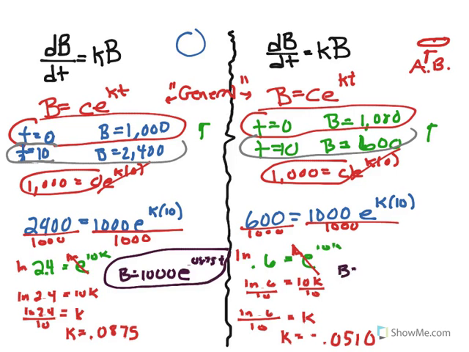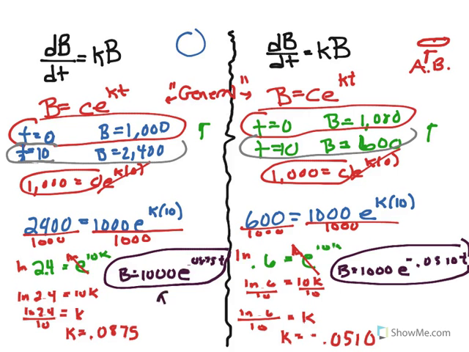For this one, it's B equals 1000 times e to the negative 0.0510t. Now you'll notice that the first equation has a positive exponent, and that's why that function increases, and the second equation has a negative exponent, and that's why that function decreases. Up top, those are known as general solutions. This is known as a specific solution.